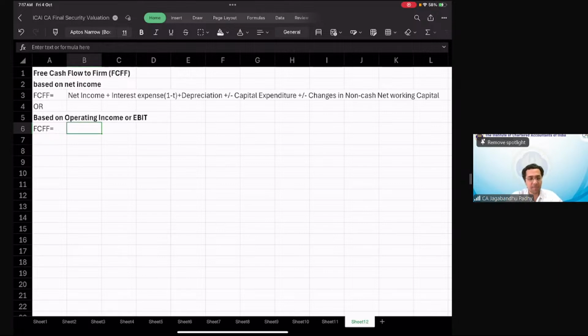Anyone? Suppose if I start with EBIT, how do I get the FCFF? How do you get the FCFF, guys?